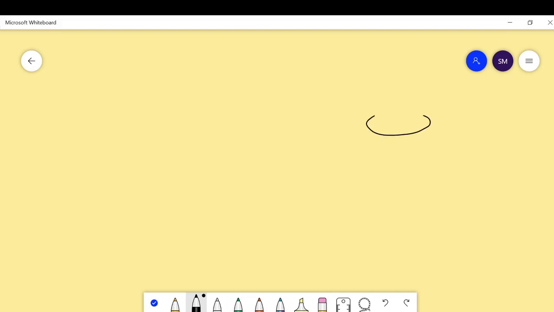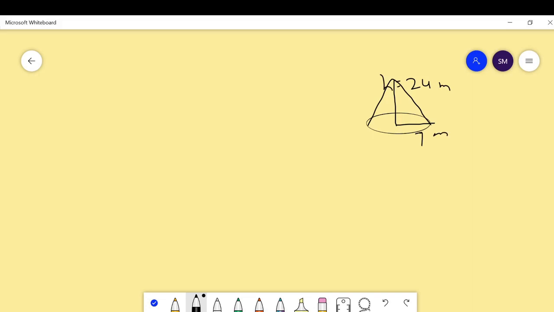This is also a conical shaped tent. Here the base radius is 7 meter and the height h is equal to 24 meter.